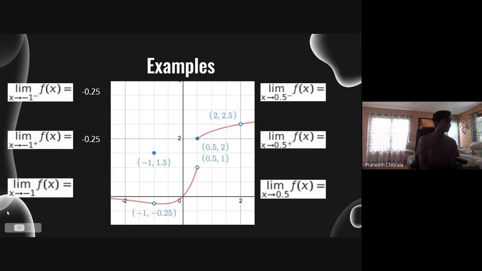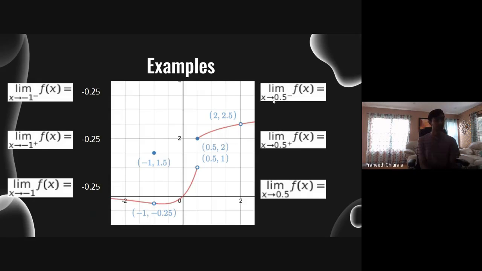Now, you want to find the actual limit of f of x as x approaches -1. So you have to find the left-handed limit and the right-handed limit of both of these. Since they are equal, the actual limit is also equal to -0.25. Both sides of the function approach the same value, so that's what the limit approaches as x approaches -1.